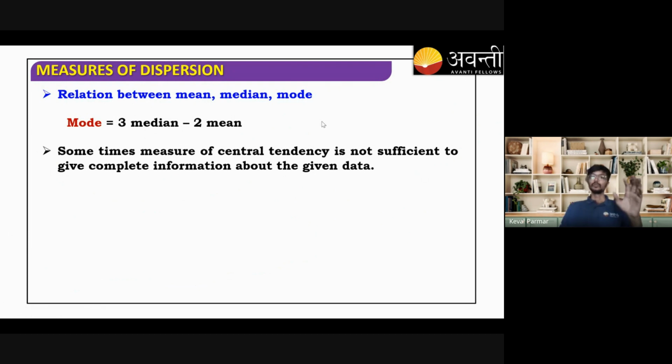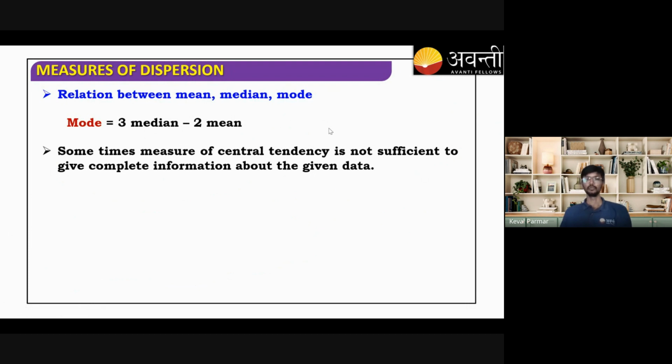Now, to get measures of central tendency, we have studied three things: mean, median, and mode. They tell us what is happening at the center. But that is not enough to analyze the data completely, because apart from the center, we need to know what is happening on the outside.